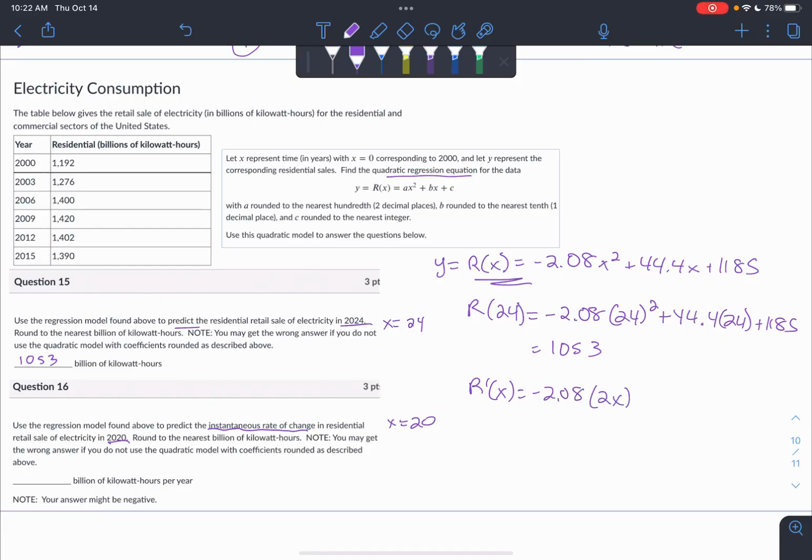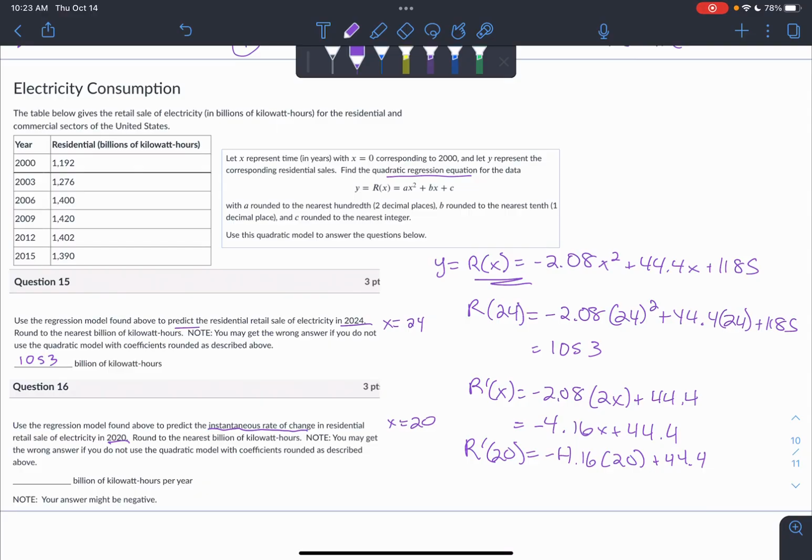So that's just going to be that using the power rule plus 44.4. And you can simplify a little further, get minus 4.16x plus 44.4, and then we just throw in 20 to find the instantaneous rate of change at 20.